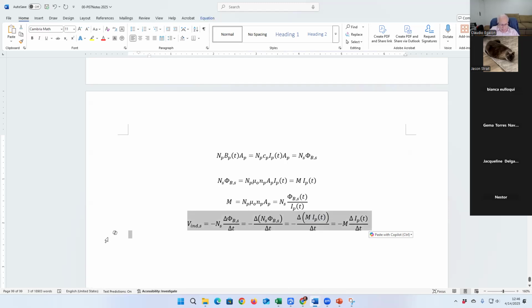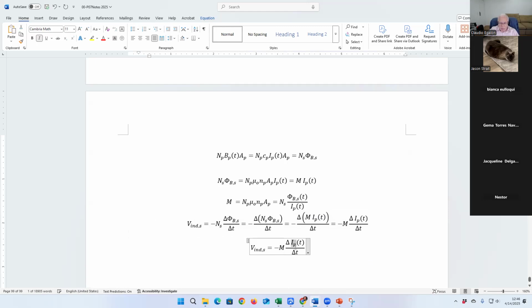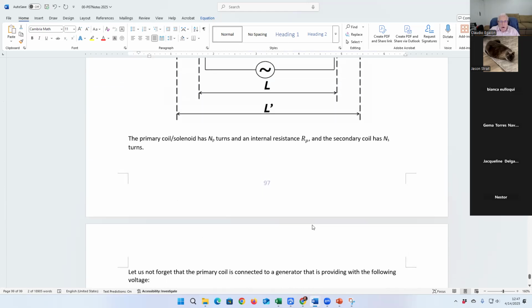We end up getting a relationship that is equal to a parameter that depends on the geometry of your coil times delta I over delta T, okay? And that's where we can go back to those other two equations that you saw before.